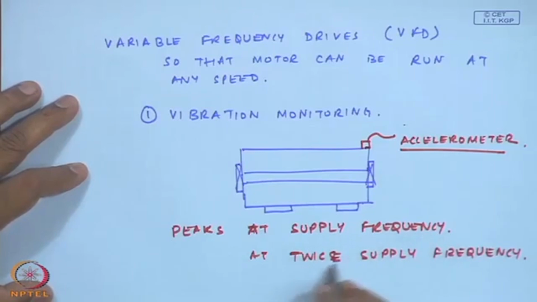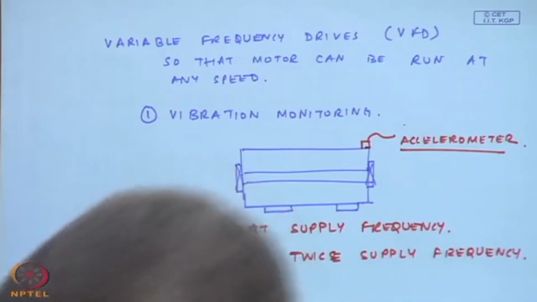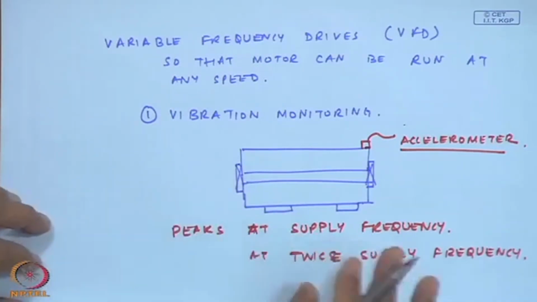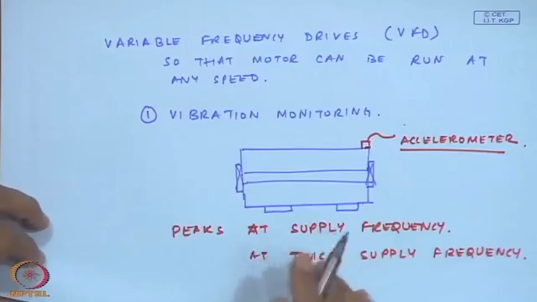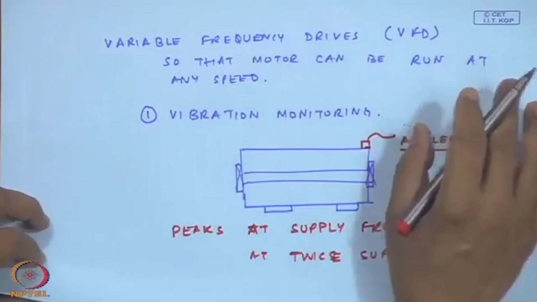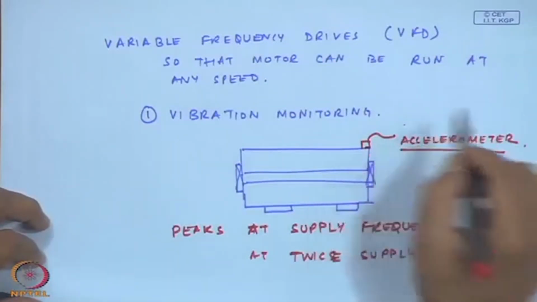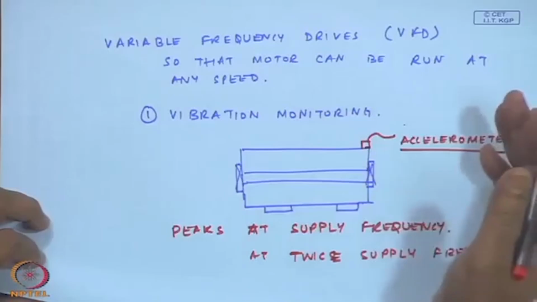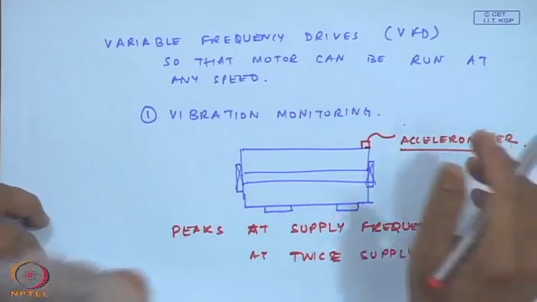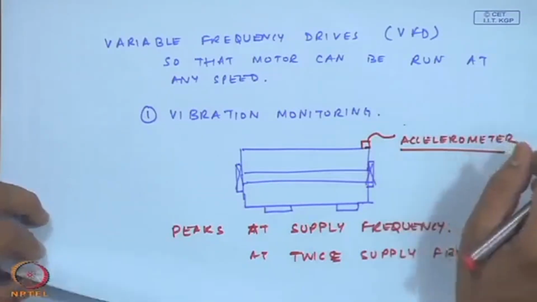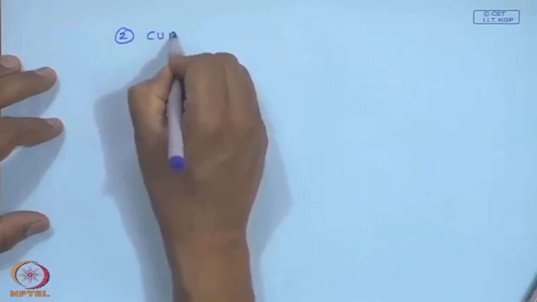You will see the reason why we are getting this twice supply frequency later on in this class. Since you already know what vibration monitoring is, all you do is put a vibration sensor close to the bearings of the motor, record the time history, and then do an FFT. But we can also very easily monitor through what is known as current monitoring.